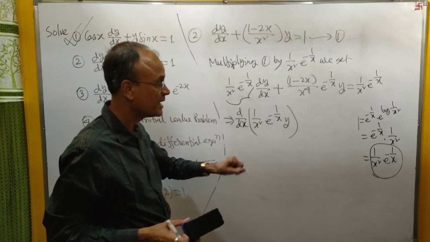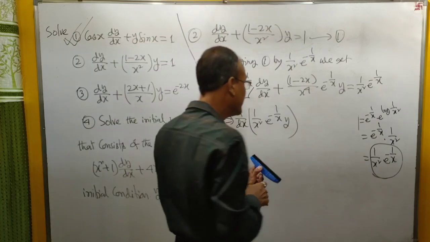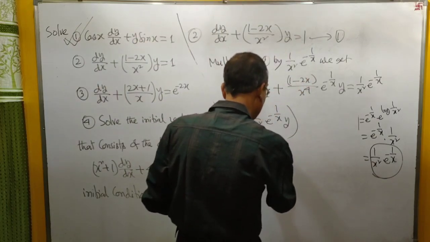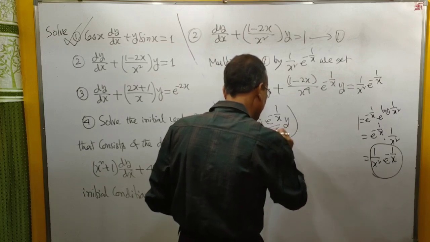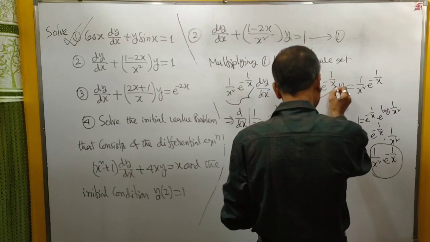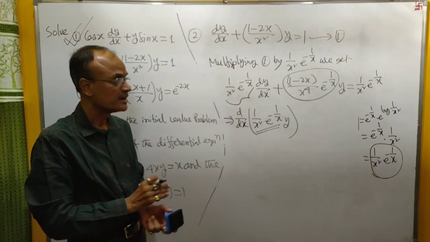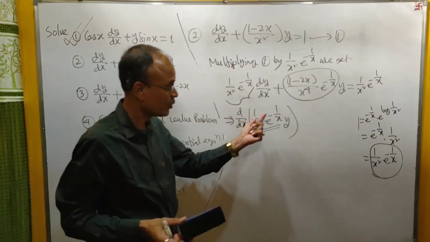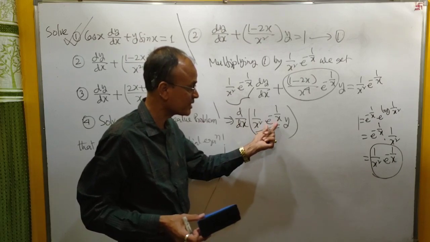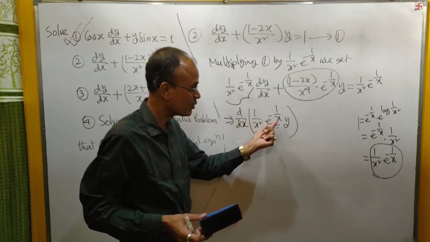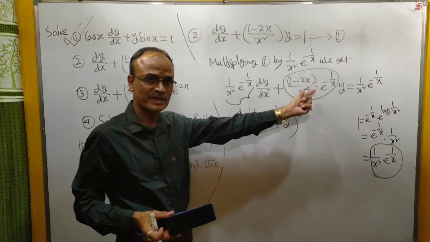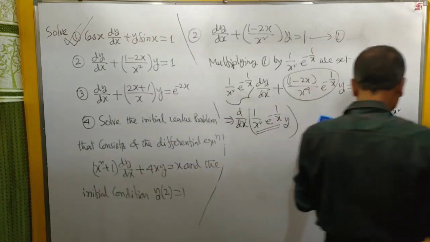Then d/dx of (1/x²) e^(-1/x) must be equal to this coefficient. If you differentiate (1/x²) e^(-1/x), you will get this, so you may verify it also.